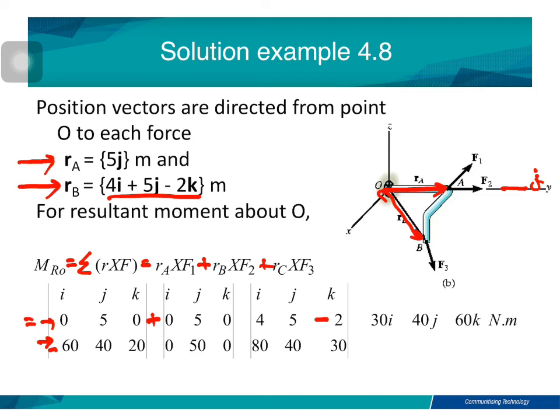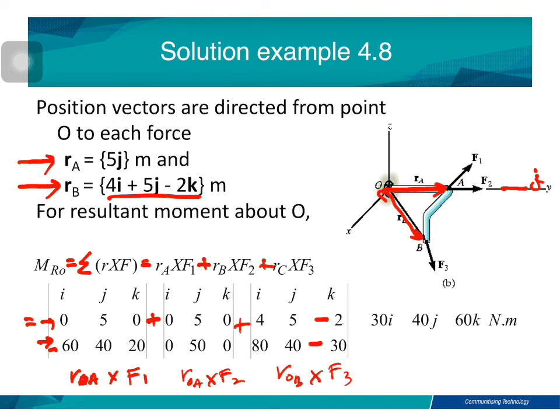Negative 30. Okay. So you may write it into this determinant. This one is ROA cross F1, and then this one is ROA cross F2, and then this one is ROB cross F3.